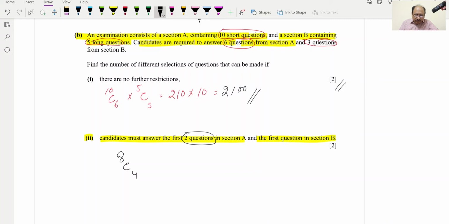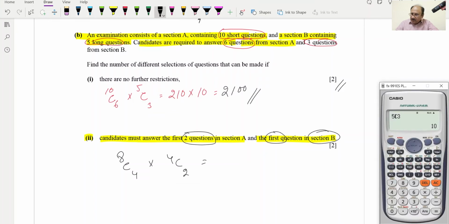And in section B, 1 question is compulsory, so 4C2 will be chosen. Remaining 2 will be chosen from 4, and we can check this answer.